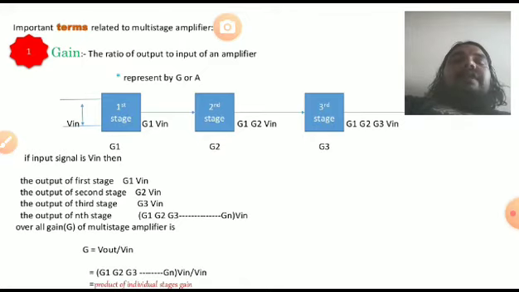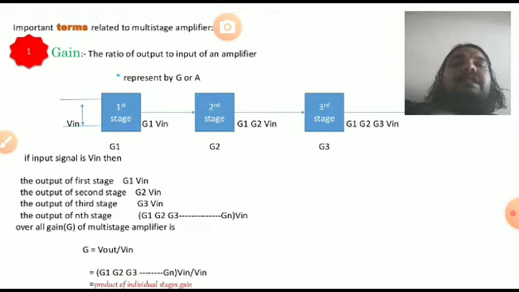When we show it in the diagram on our slide, the first stage amplifier output is given to the second stage input, and the second stage output is connected to the third stage. Such a system is called a multi-stage amplifier, where the first stage gain is G1, the second stage gain is G2, and the third stage gain is G3.